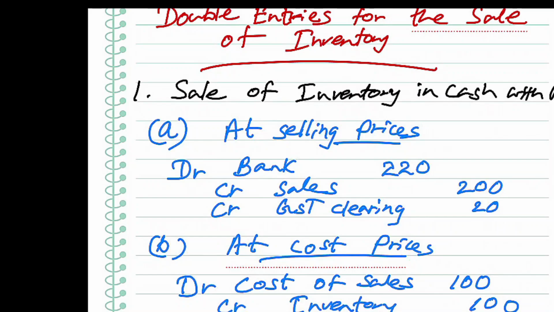Okay, then write number 2. Sale of inventory on credit with GST. Again part A, at selling price.